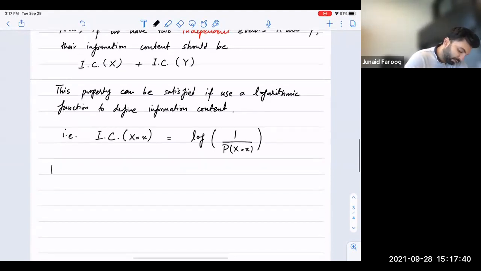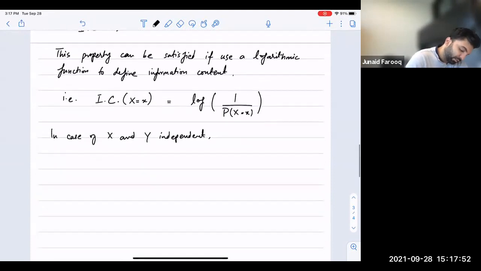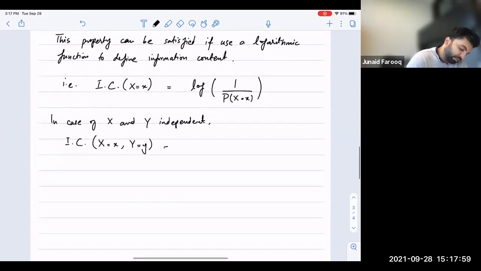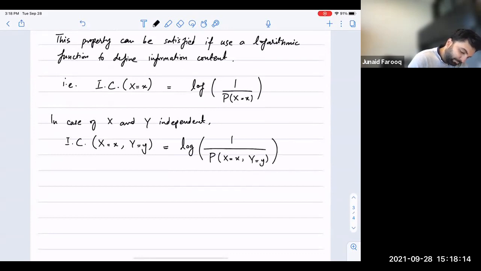So in case x and y are independent, then the information content in the event that x equals x and y equals y is the log of the inverse probability that x equals x and y equals y.